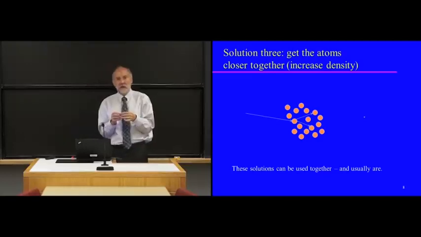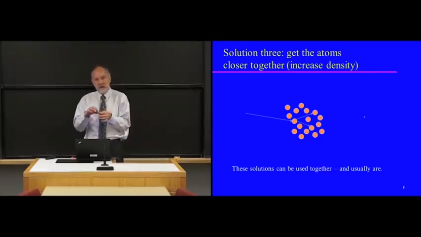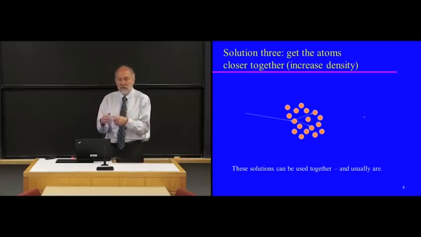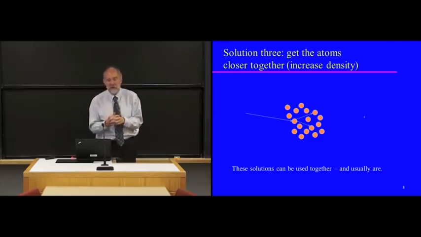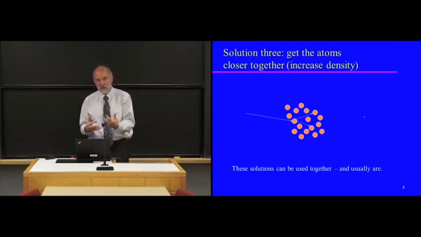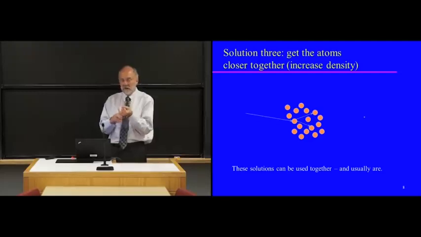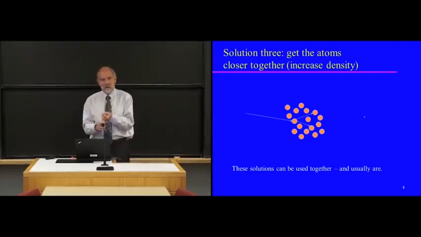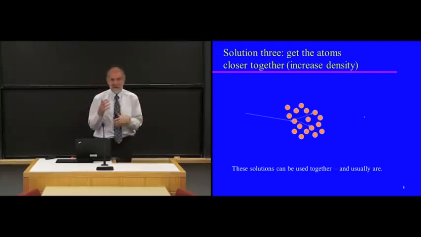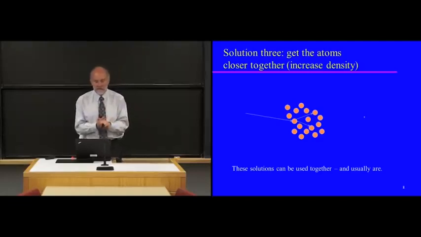If the atoms are closer together, that means that when one of them releases a couple of neutrons, it's much more likely that those neutrons will run into another atom before they leak out of the system. Now these three solutions, enough material, reflecting the neutrons, and crushing the atoms so they're closer together, are often used together rather than just separately.